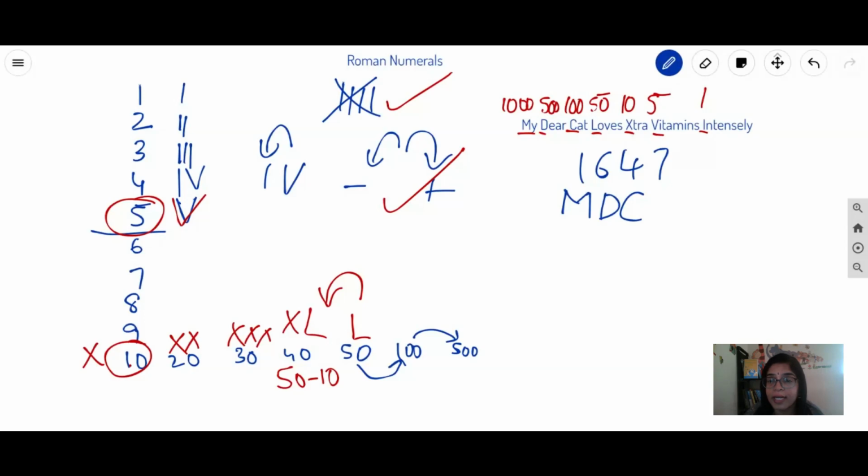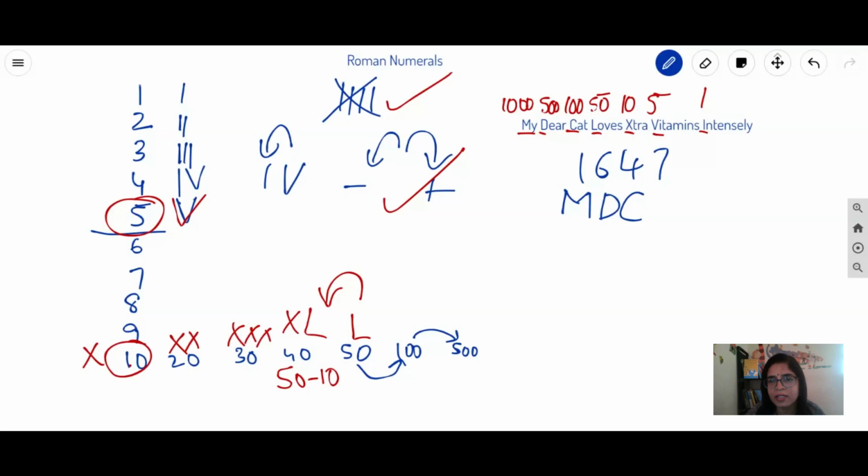Now it's 40. 40 means it's like 10, 10, 10, 10. Can I write it like this? 10 means X, right? No, I can't write that. So I should use another turning point number. What is it? It's 50. Now, 40 is lesser than 50. That means you have to subtract something.